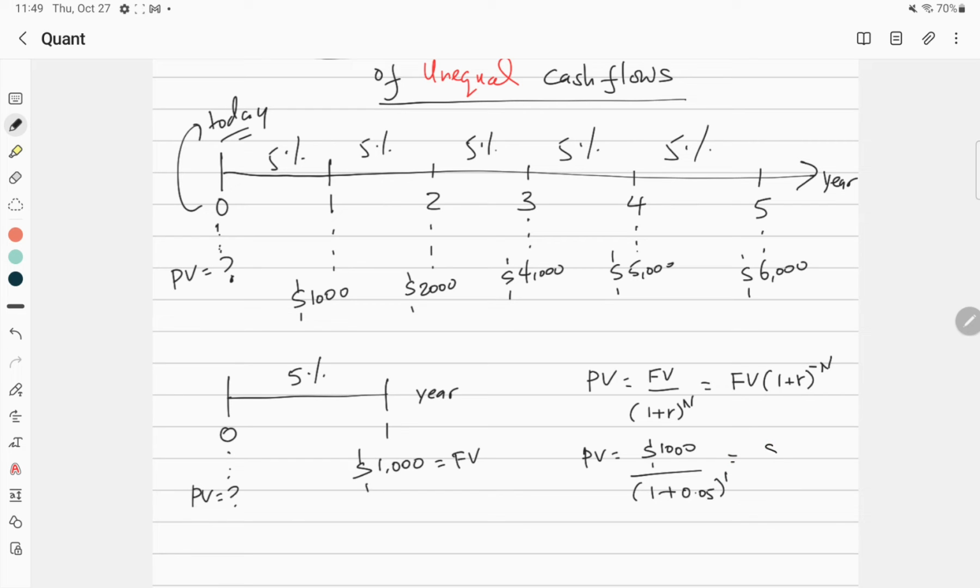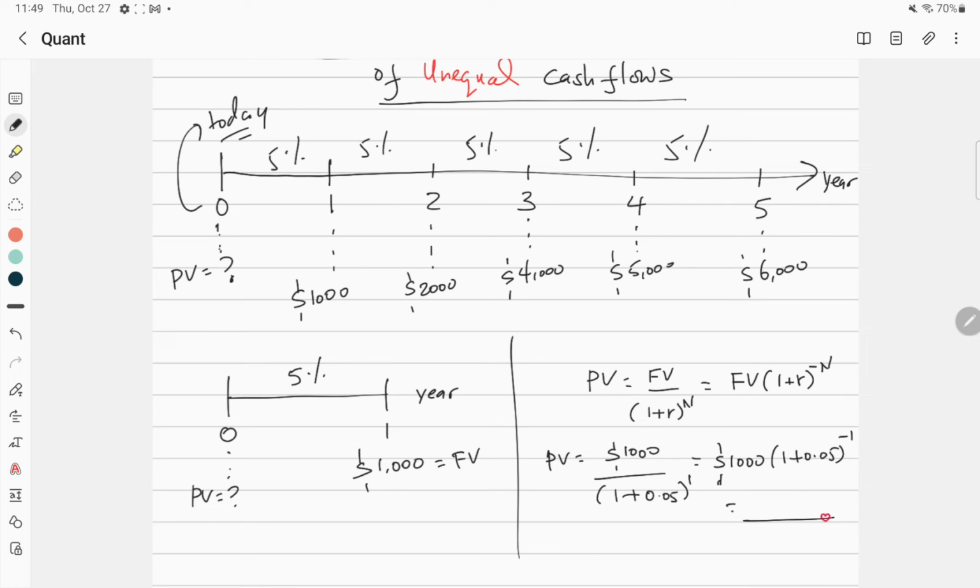You can write this simply as $1,000 times 1 plus 0.05 raised to minus 1, right? And whatever amount you get, you put it here. Let's just calculate this anyway.